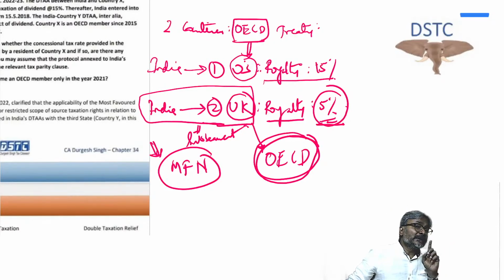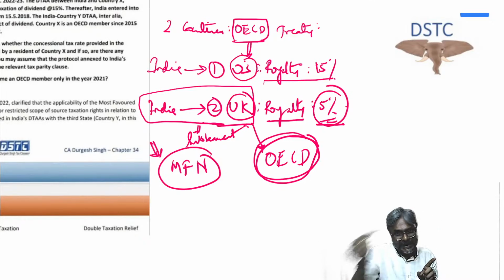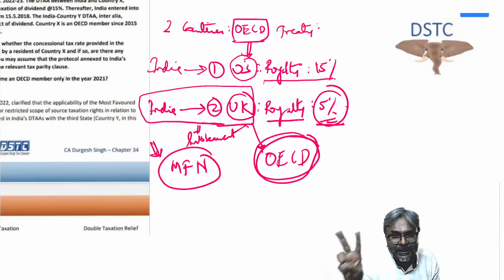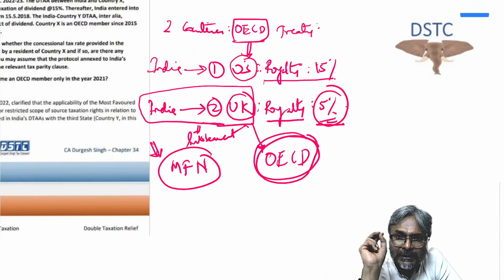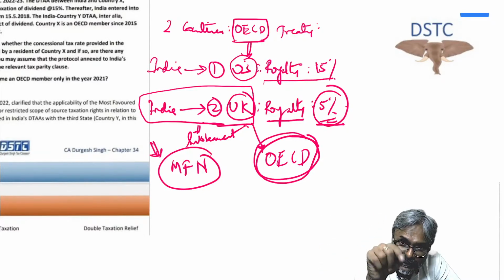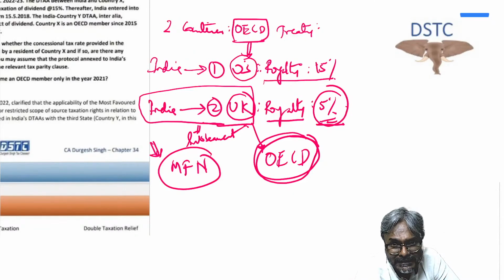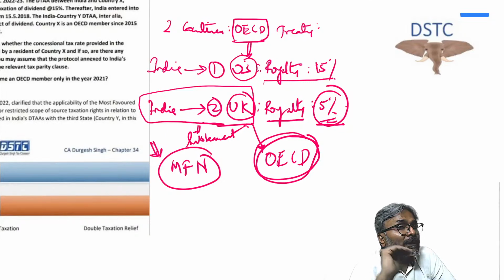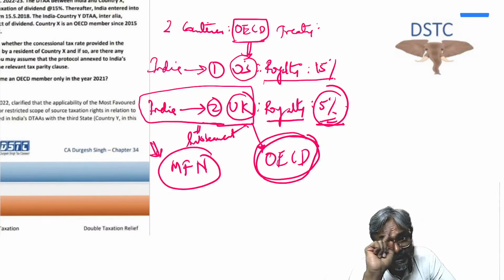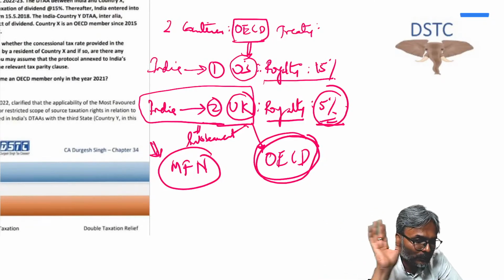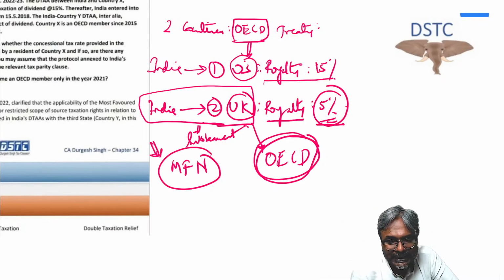So what is the third condition? The first treaty is India-US, the second treaty is India-UK. When the India-UK treaty was entered, at that point of time, UK was already a member of OECD. If this condition is satisfied, then yes, the US resident can invoke the India-UK treaty to obtain the beneficial rate of tax in that treaty.